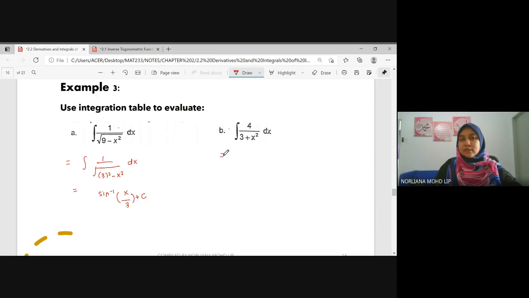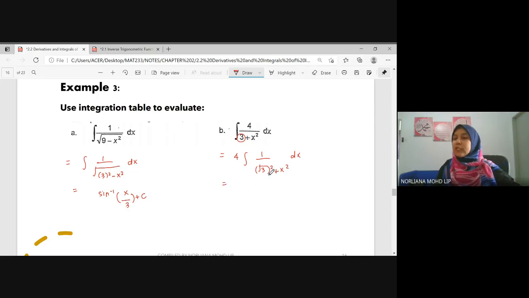Okay, b. Okay, 4 ni boleh bawa ke depan. So 1 over. Okay, ni kita jadikan a square. So dia akan jadi square root 3 lah. Square root 3 square akan dapat 3 kan balik. Square root 3 square plus x square dx.